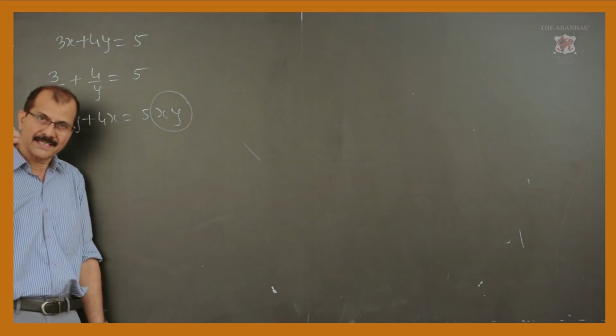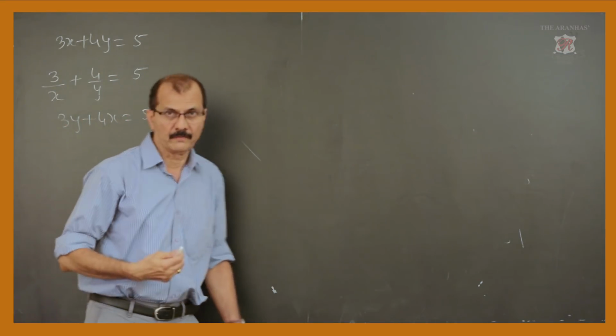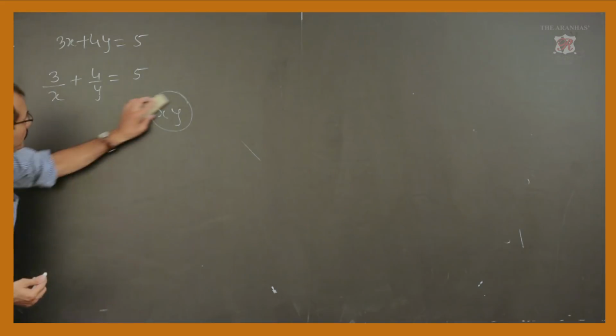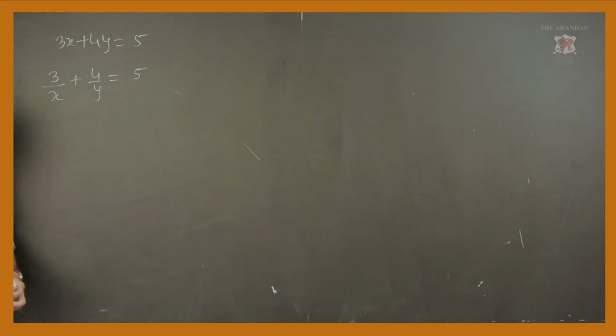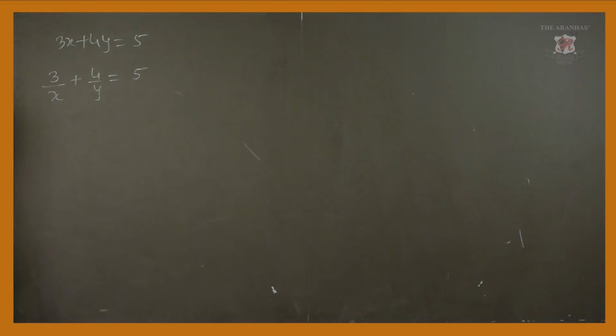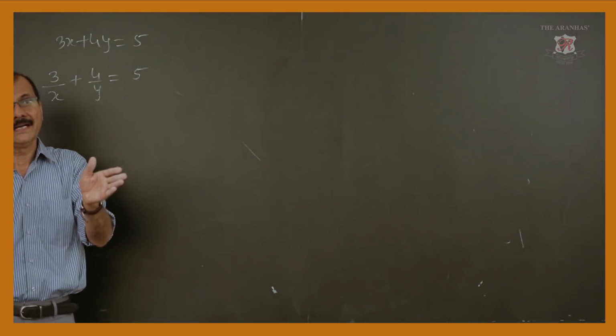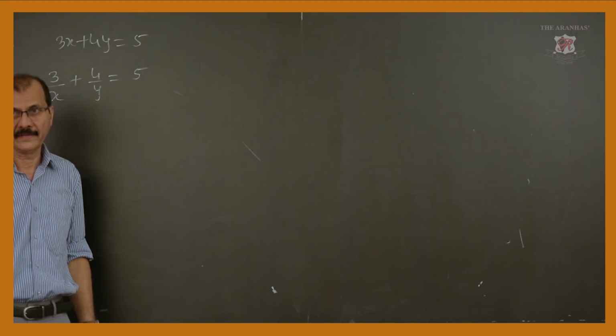Then if you get such type of equation, how are we going to solve it? For example, 3 upon x plus 4 upon y is equal to 5 is one equation given to you. Then how are we going to reduce it to a linear equation in two variables?